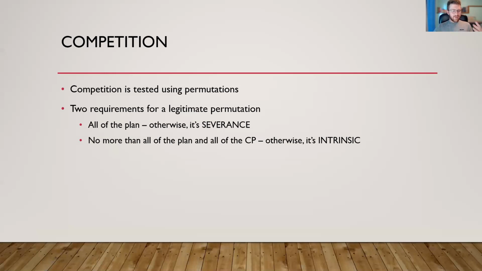If you use a severance perm, like if you perm to do the counterplan against an advantage counterplan that does something completely different to solve global warming or whatever, your perm argument does not prove that the plan can avoid the offense because the perm doesn't include the plan. So even if the perm avoids the offense, that does not mean you should win, because your perm isn't proving that the plan doesn't link to the offense. Does that make sense?